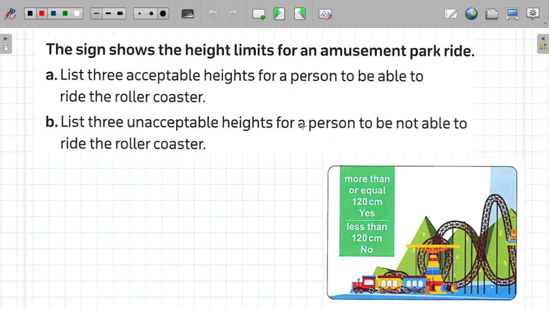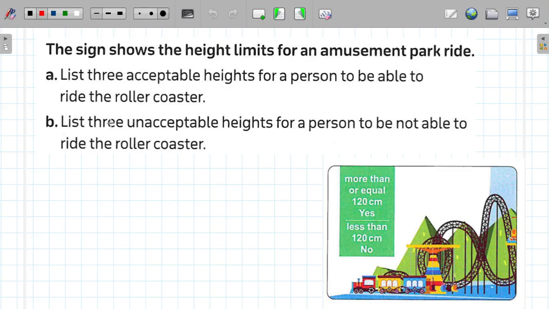Okay, let's do another example. He says the sign shows the height limits for an amusement park ride. Okay, so he says list 3 acceptable heights for a person to be able to ride the roller coaster.